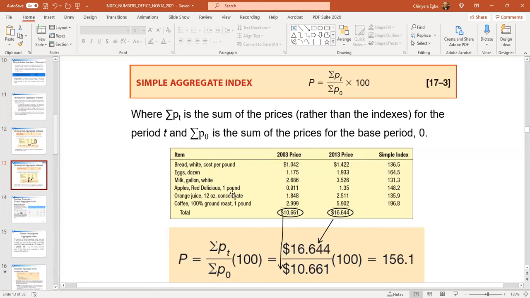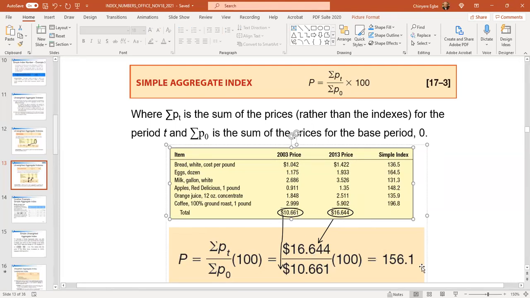If you consumed these goods per unit in 2003, and you add their prices, and then you add the prices of the same goods, the units in 2013, so you sum the prices of the later period by the prices of the base period. Now, remember, you're looking at a base, okay? And the base period here is 2003. So 16 over 10 will give you 1.56.